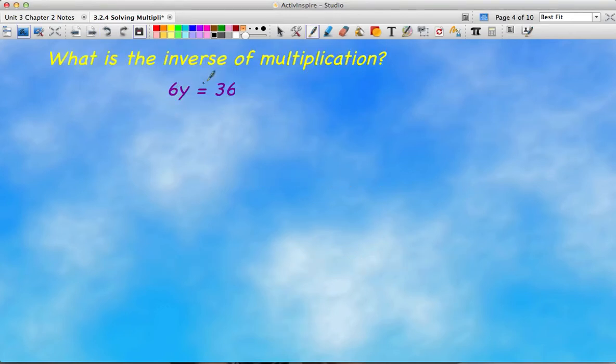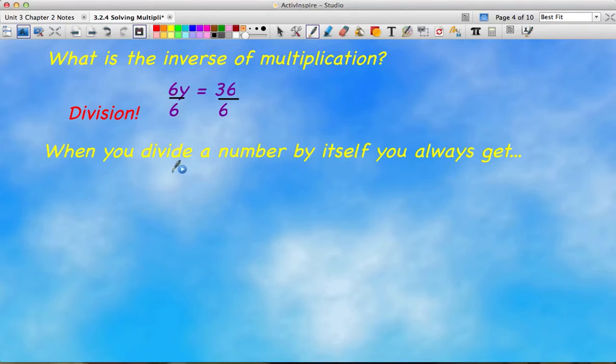So when I have 6 times y equals 36, I want to undo the times 6. So I think of, well, how do I undo times 6? I use the inverse. The inverse of multiplication is division. So I'm going to divide by 6, but what I do to one side I have to do to the other. And I know when I do that, 6 divided by 6 is always going to give me 1.